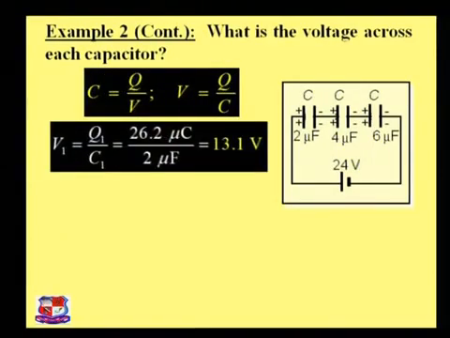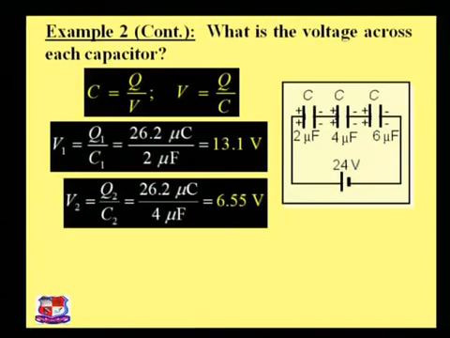Now the voltage across each capacitor, that is V1, V2 and V3. As we know, the voltages are different in each capacitor. So V1 equals Q1 by C1. Using that equation, we find 13.1 volts across capacitor 1.